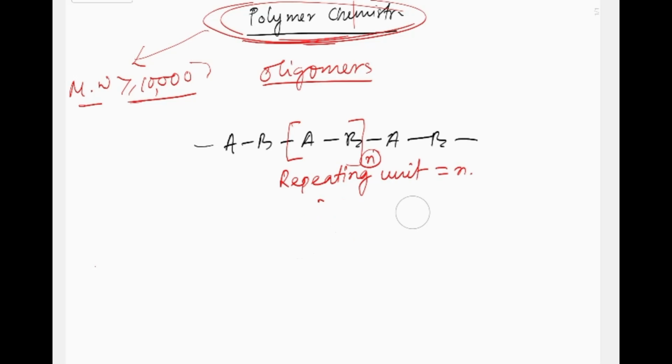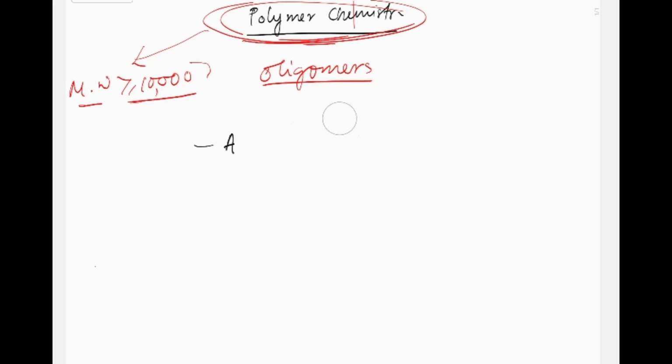Fine. Now another part we need to get into is the molecular weight determination of polymers, right? So in polymers, as I have already mentioned, polymers do not have a specific molecular weight. A single polymer will not have a specific molecular weight. It will form different types of polymer chains, with different molecular weights, and it will form a distribution. What kind of distribution?